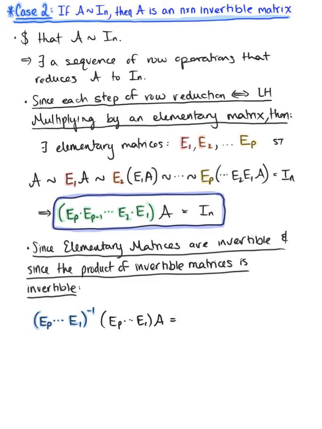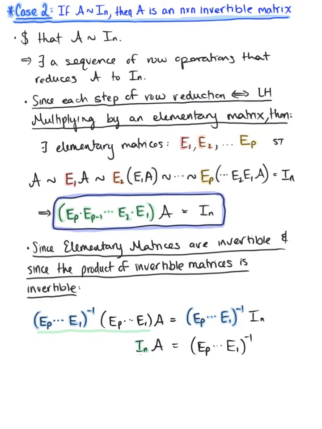And this is equal to the inverse of the sequence of elementary matrices multiplied by the n by n identity matrix. Now, since the product of elementary matrices is invertible, the left side is equivalent to the n by n identity matrix multiplied by matrix A. And on the right-hand side, that reduces to simply the inverse of the sequence of elementary matrices.